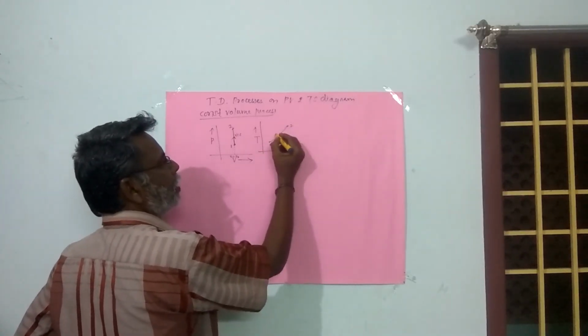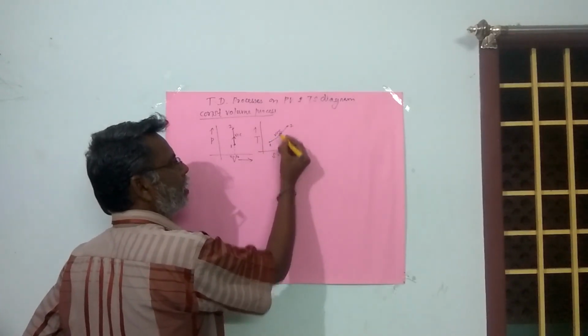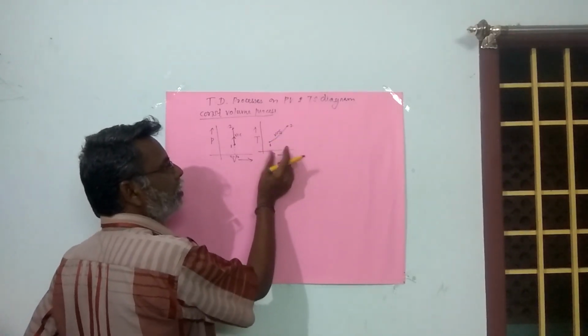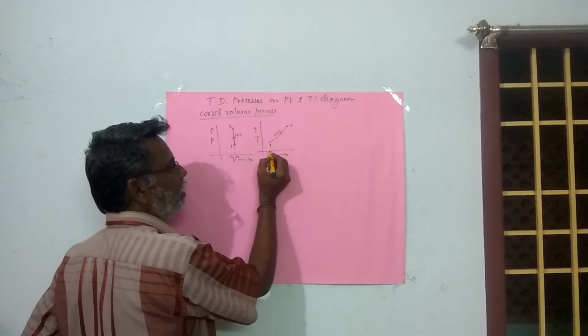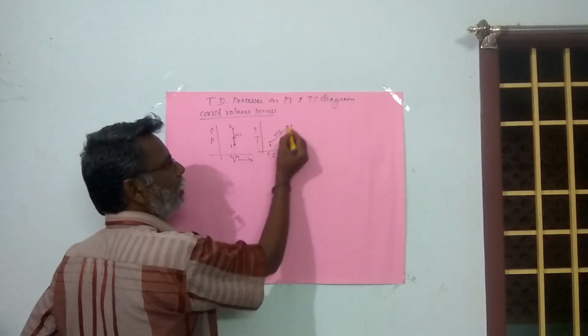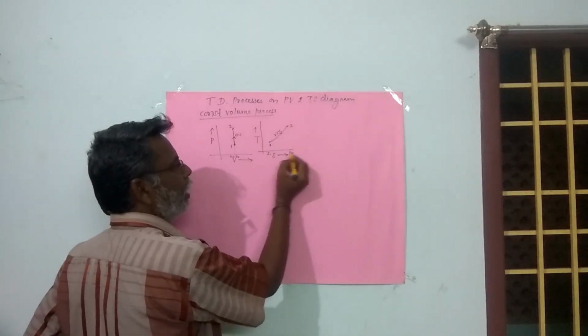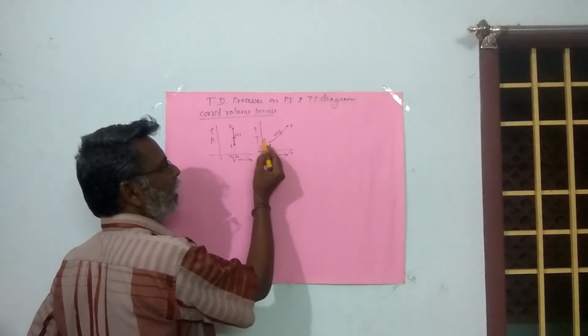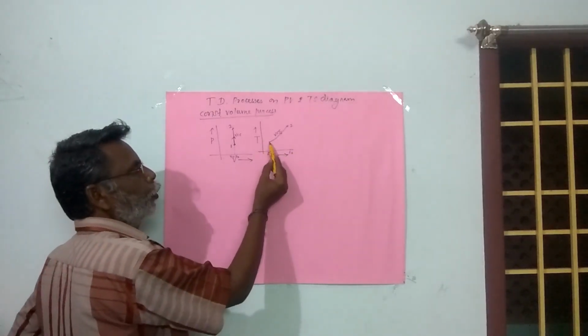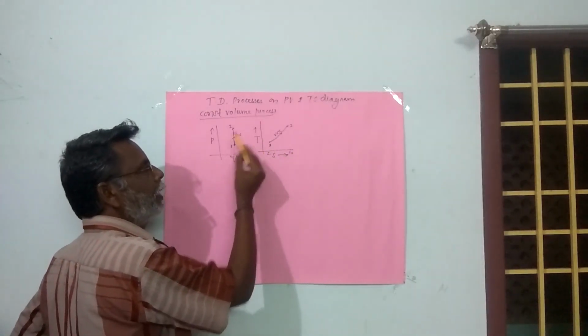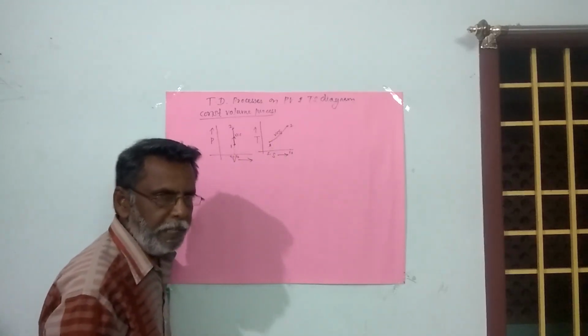During this process, volume remains constant, but there is a change in entropy. This is S1 and this is S2. When a gas is heated, the entropy increases during the constant volume heating process.